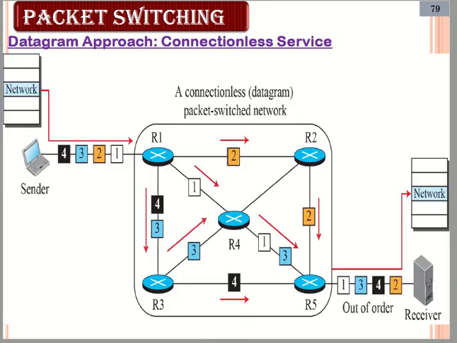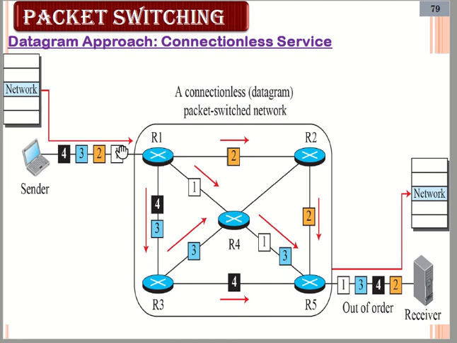When the packet arrives at this router, first it will check the source address as well as the destination address. Based on the destination address it is going to see which interface is free, and through that it is going to send.